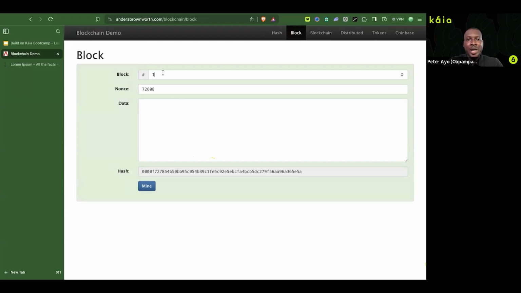Now we have block one, we have the nonce, which is part of the block header, and we also have various data. Take, for instance, the various transactions that are here. Now, if you look at this field over here, it's currently green because we have an empty data, and the hash value over here begins with 4 leading zeros.